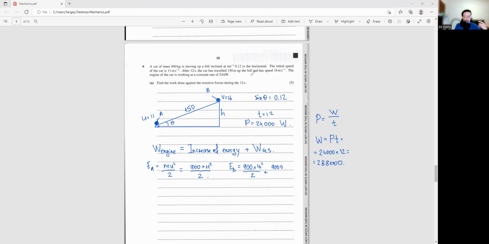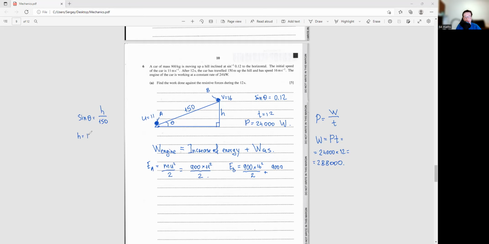Now, how do I actually find the height? Using trigonometry. We've got the right angle triangle here. We're looking for the opposite side, and we know the hypotenuse. So that means we can use the sine ratio. So sine theta equals to opposite h over the hypotenuse, 150.